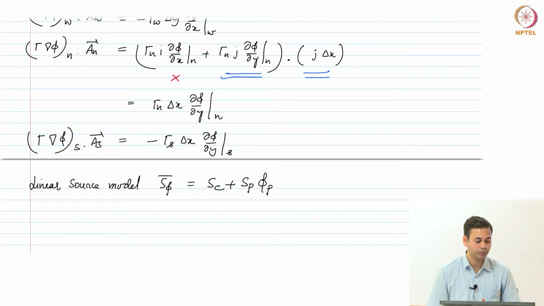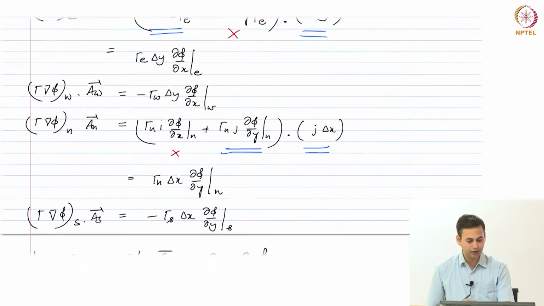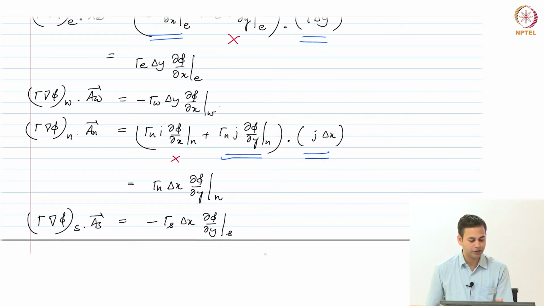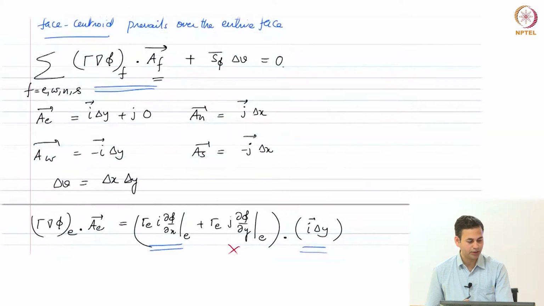If I were to put all of these back, the equation would be gamma east delta y partial phi partial x east minus gamma west delta y partial phi partial x west. That is the first term, this is the second term, and then the third and the fourth terms in the summation that we have here.